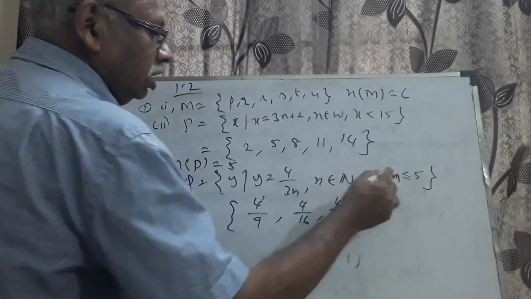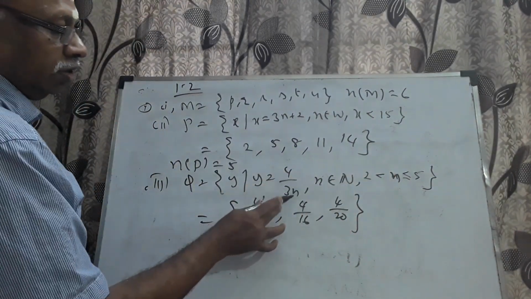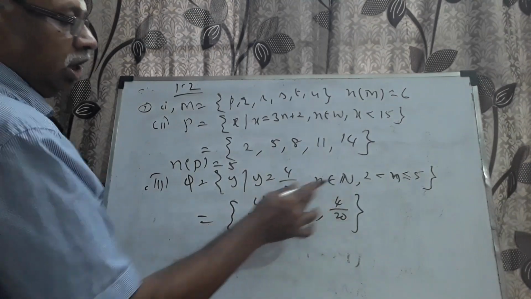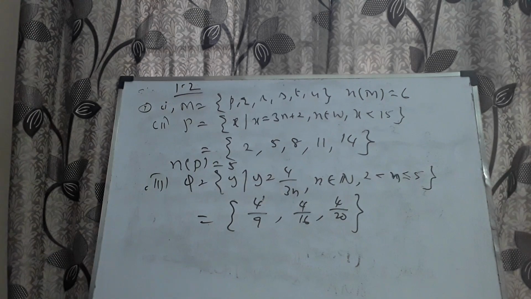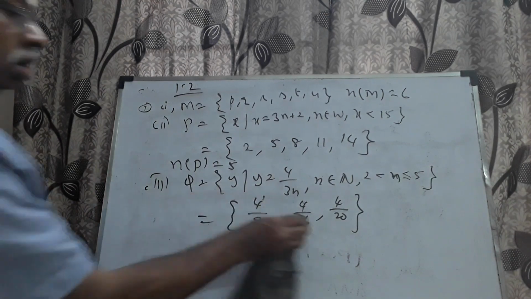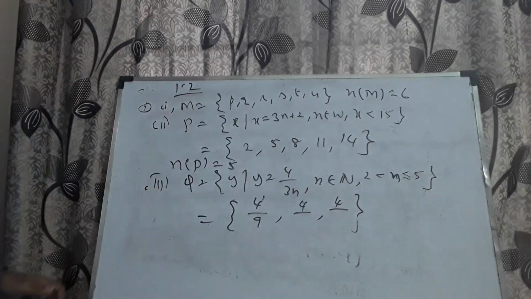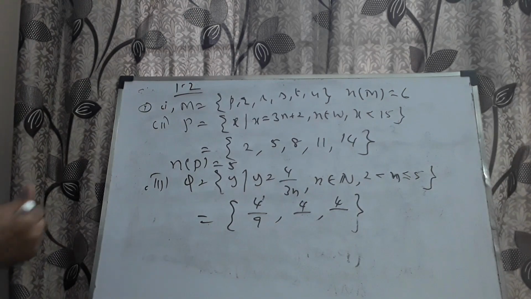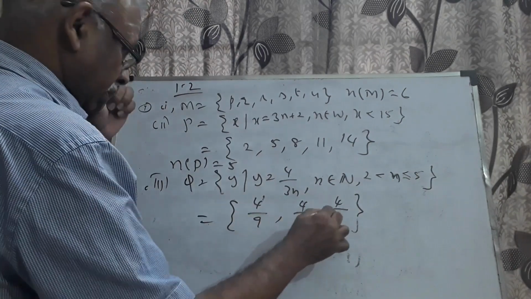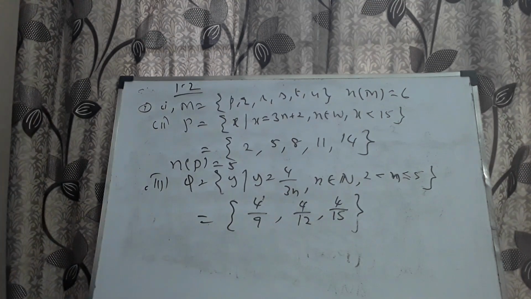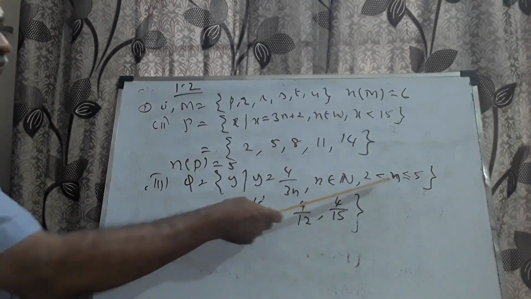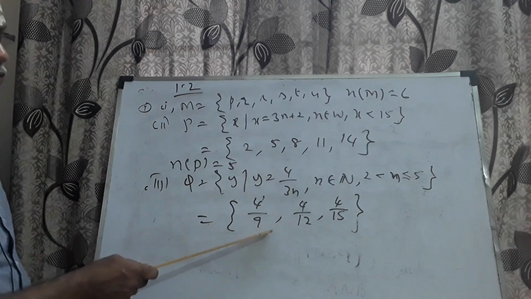I repeat once again. When n equal to 3, it is 3 3s are 9. When n equal to 4, 3 4s are 12. Then 3 5s are 15. So when n equal to 3, it will be 4 by 9.